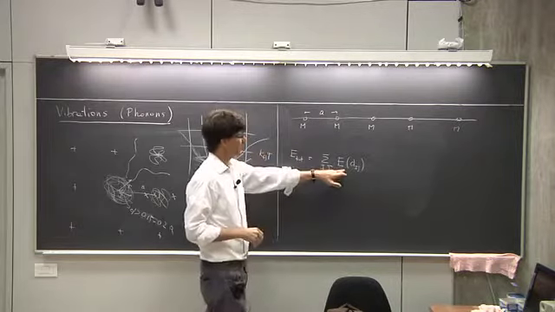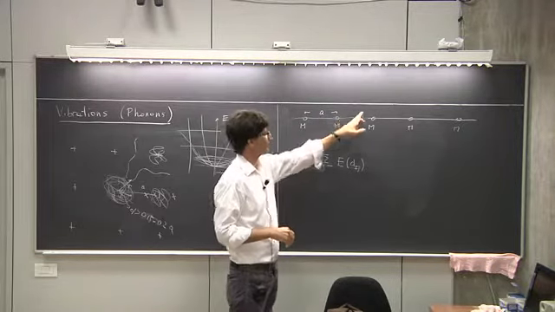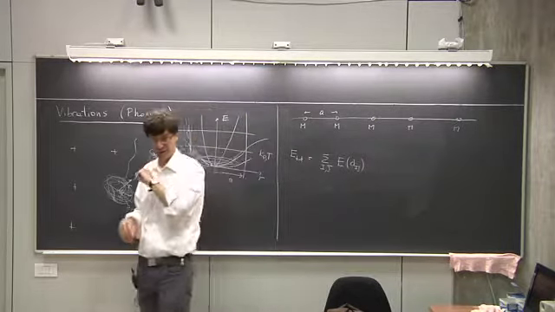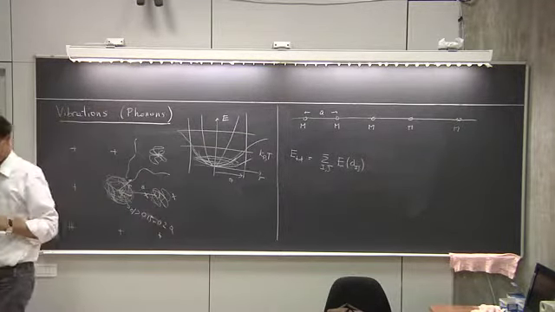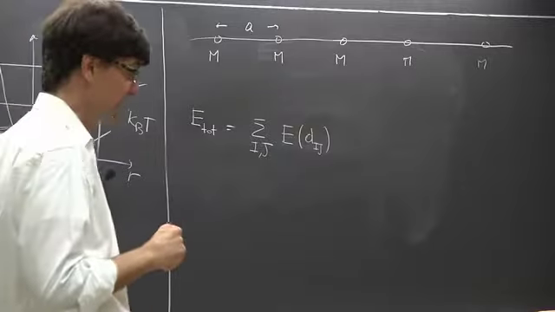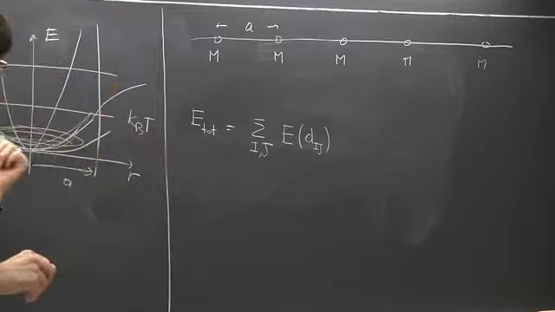So suppose I can describe the interaction between atom i and atom j using this universal function that we described before. Okay? So suppose that each atom is interacting with another one with the same function that we derived before, this E of d that we had at the blackboard at the beginning.